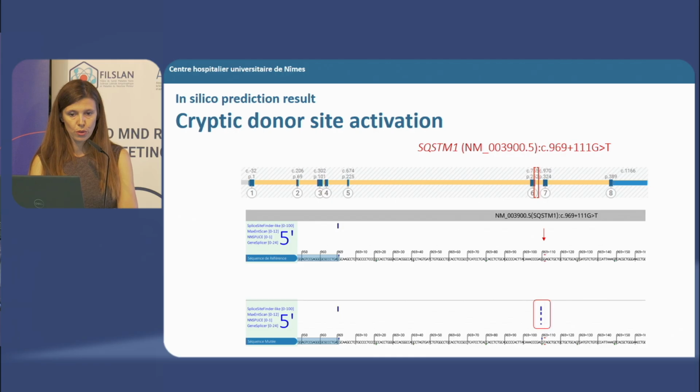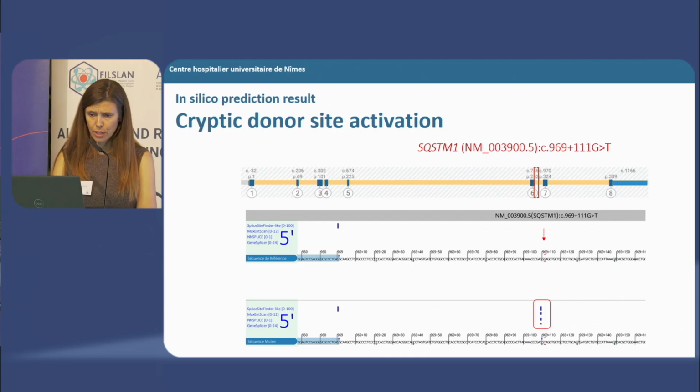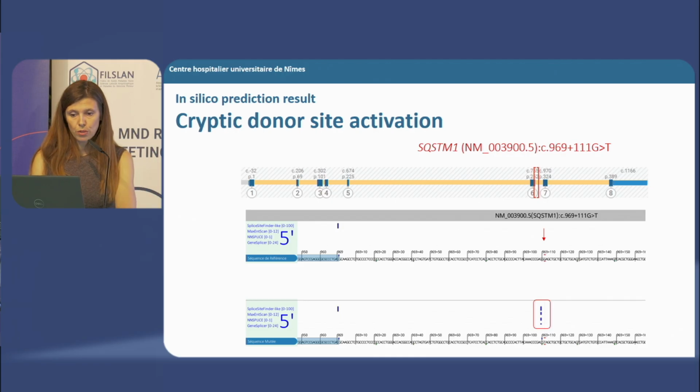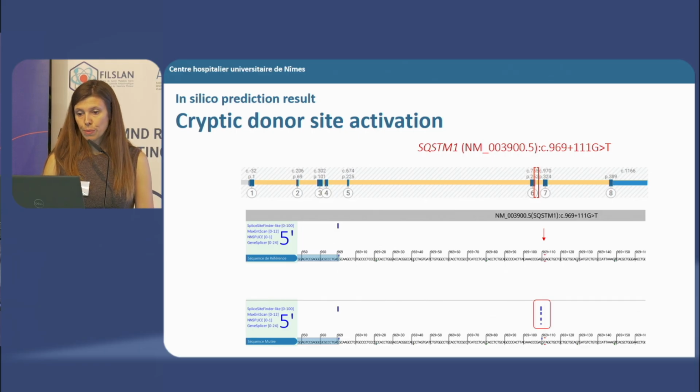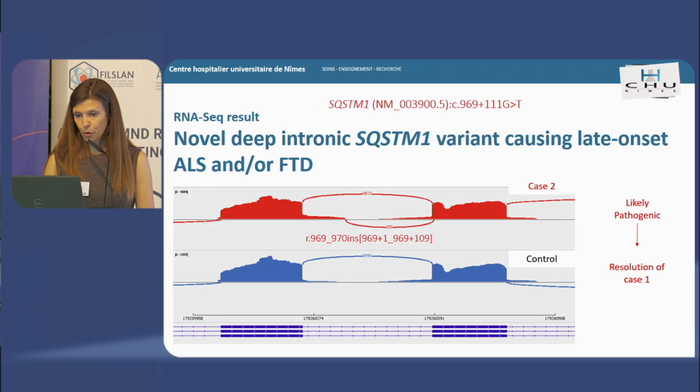So here is the in silico prediction. As you can see, the variant is predicted to create a cryptic donor site, shown here by the blue boxes. And we confirmed that this cryptic donor site created by the variant was actually used.